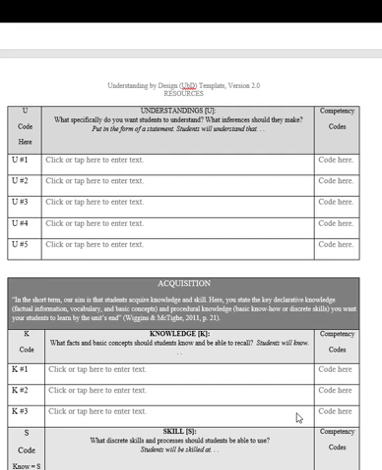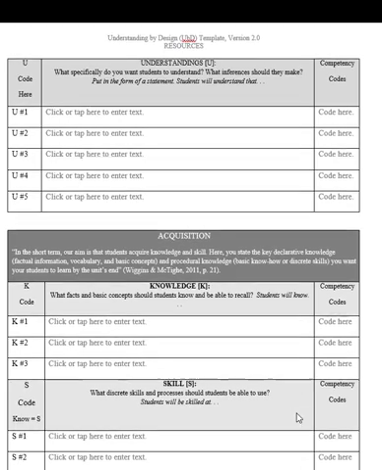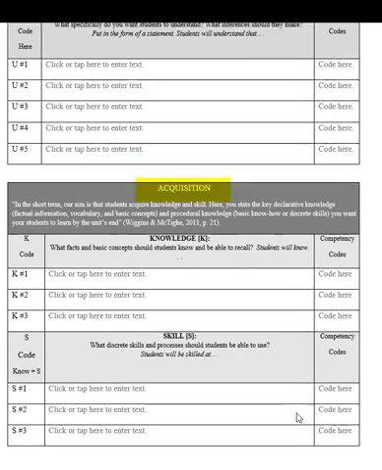The final portion of acquisition in UbD Stage 1 is the idea of knowledge and skills. Knowledge is what we want the students to know and be able to recall. So this is something that I might be able to put on a multiple choice question. It's discrete knowledge. I would be able to tell via an evaluation instrument if a student was able to respond to this question.